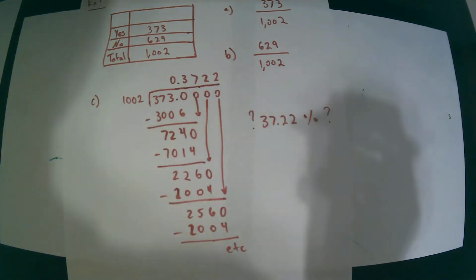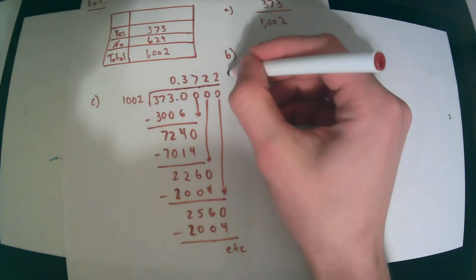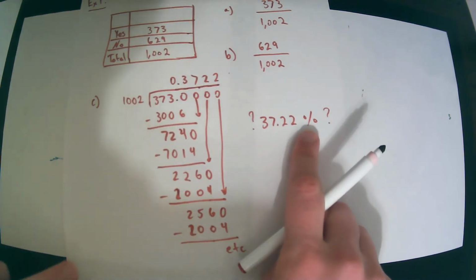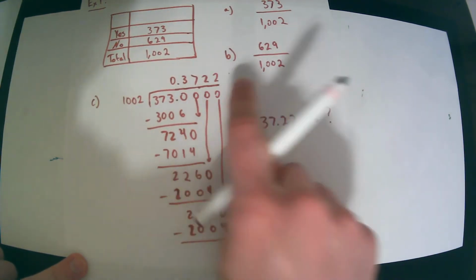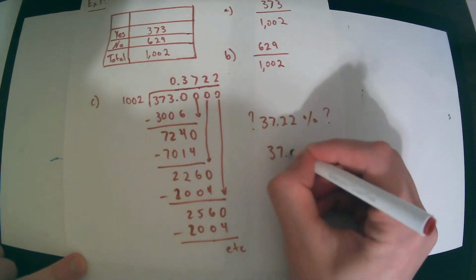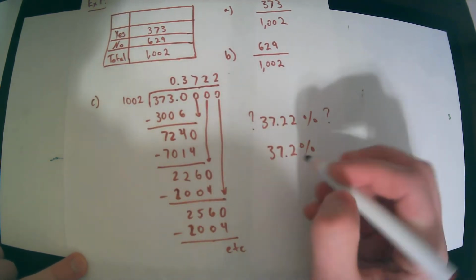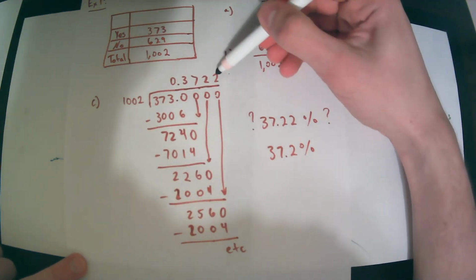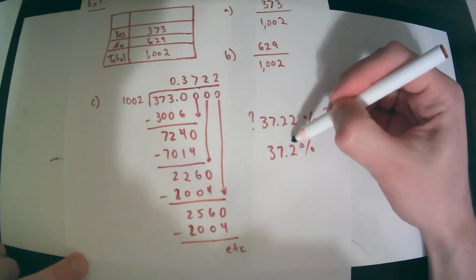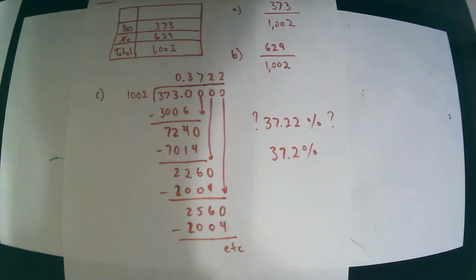The next digit is a 5. So the next digit is a 5 means that I should round this up to a 3, but I didn't know that, right? So all I could do for sure is say that my answer would be 37.2%, because I know that this rounds down, so it's safe to say this. Now the problem didn't specify what we should round to here. On an exam or in the homework, it will always specify.